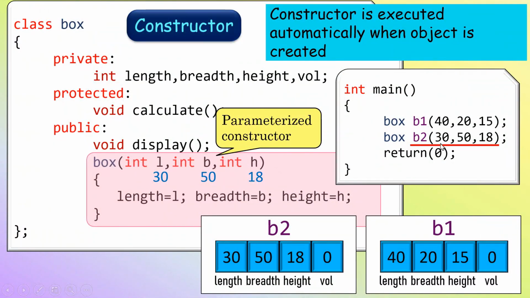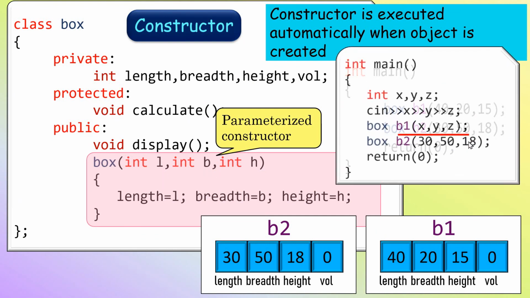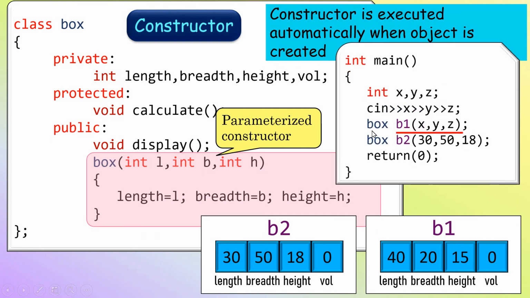While declaring objects, instead of passing values, I can also pass variables like this. Box B1 within parentheses x, y, z. But when you mention variables here, you should see to it that these variables already have some values in them. Here I am getting input values for the variables x, y and z.